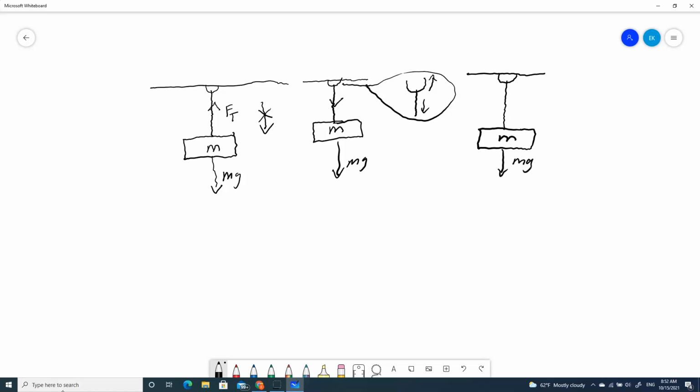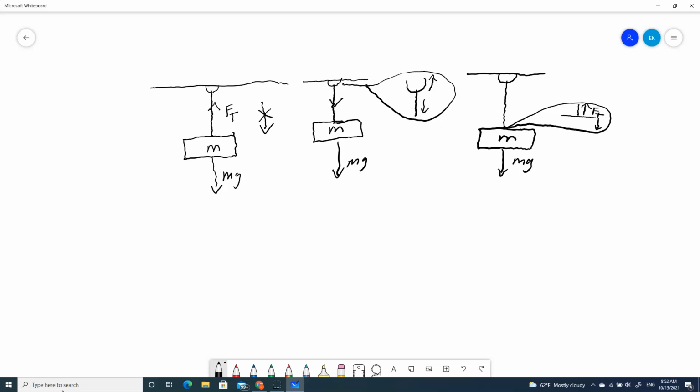And the rope, if we magnify this portion right here, what's happening is that there's this rope, and then there's the start of the mass right here, and the mass is pulling downwards. So in order to prevent the mass from falling, the rope has to pull upwards, and that is Ft, force of tension.